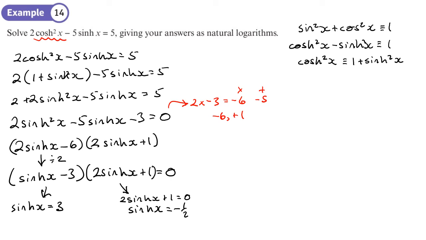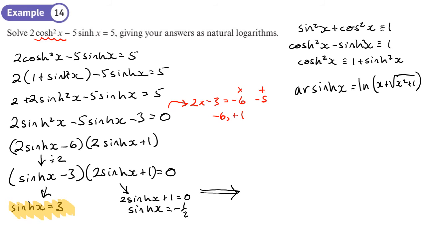Now what I'm going to do from here, I'm going to use the definition for arcsinh, and I'll write that here, and I'm going to do the arcsinh to both sides. So arsinh x, and this is in the formula book, is defined as ln of x plus the square root of x squared plus 1.